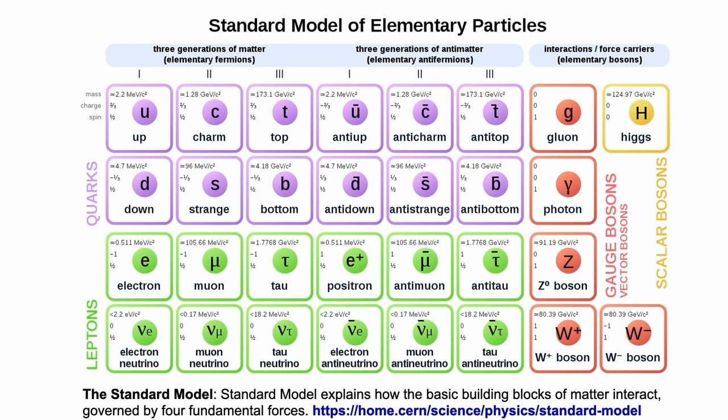The 6 quarks are paired in 3 generations: the up quark and the down quark form the first generation, followed by the charm and the strange quark, then the top and bottom or beauty.